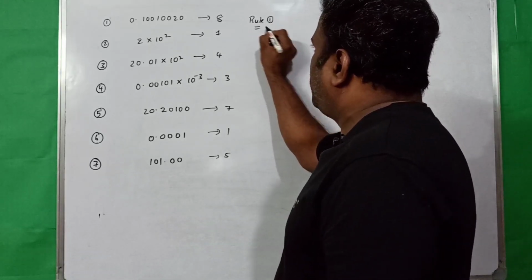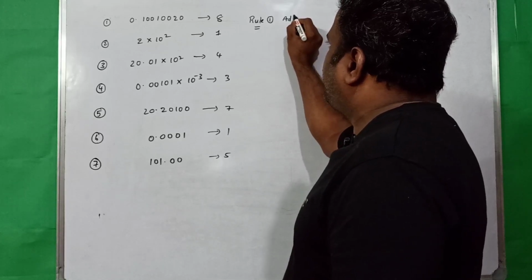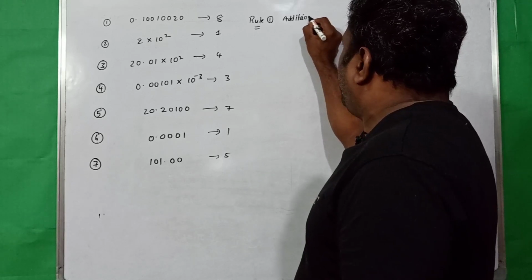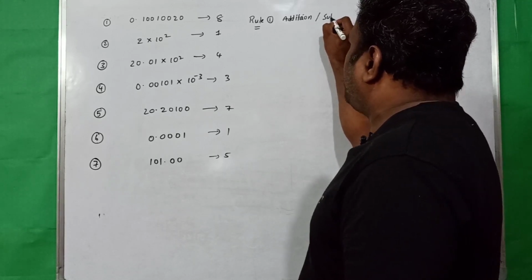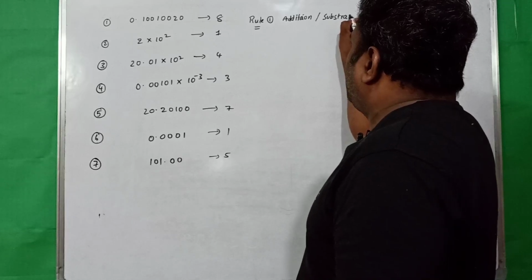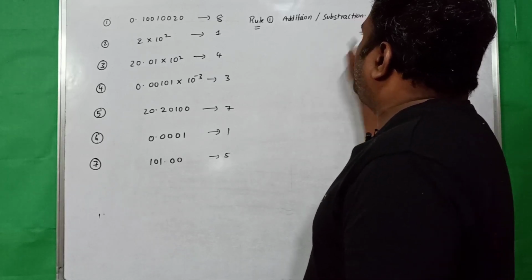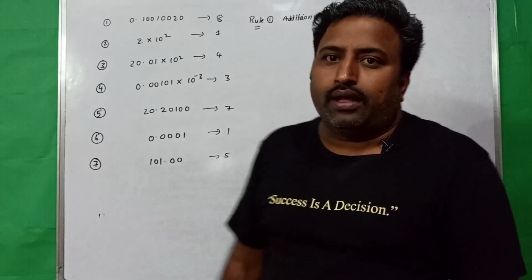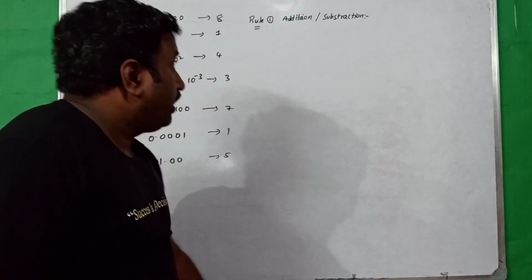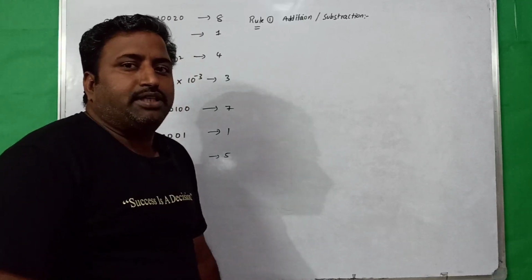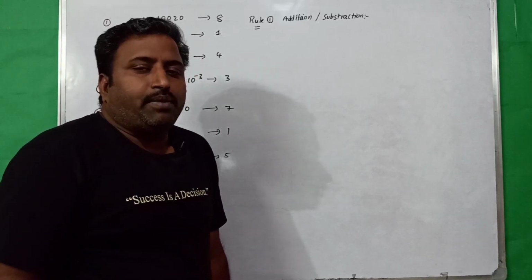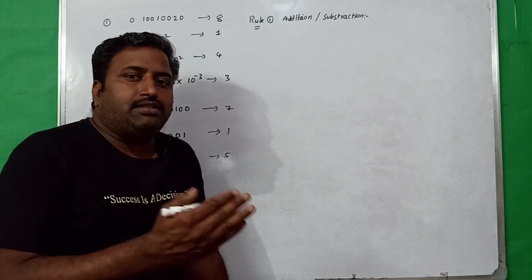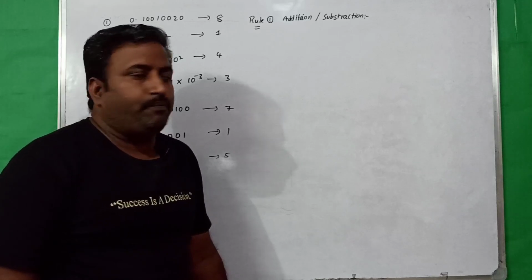During addition or subtraction, the result must be reported with the same number of decimal places as that of the term which has the least number of decimal places in the calculation.